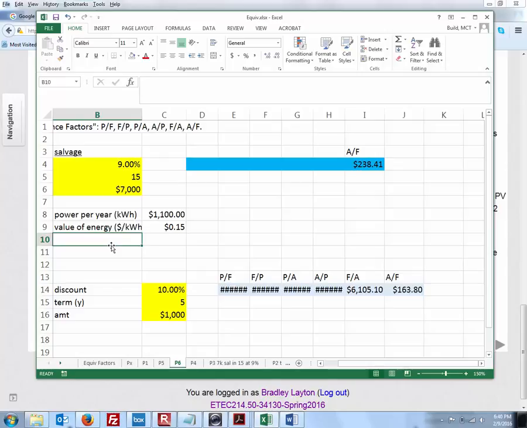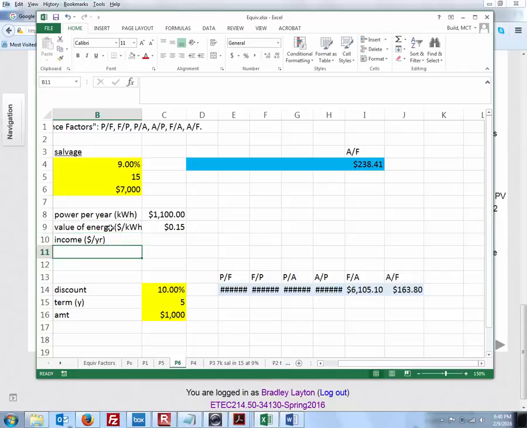I'm just going to assume it's 15 cents for every kilowatt hour. So this is going to be basically your income in dollars per year.